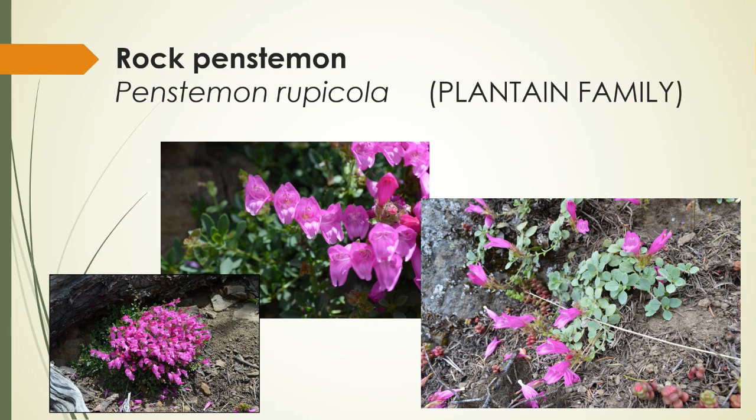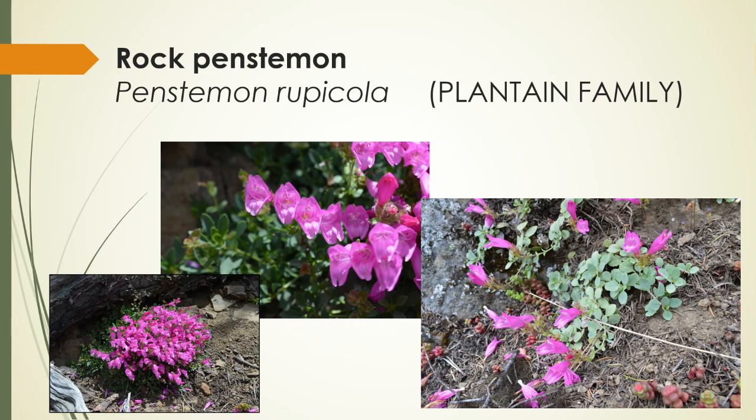So they have these tubular flowers and kind of an interesting arrangement of stamens and pistils inside of there that curve around. The flowers are bilaterally symmetrical, so they have a right and a left side when you kind of divide them in half there. But the plants themselves can be shrubby.